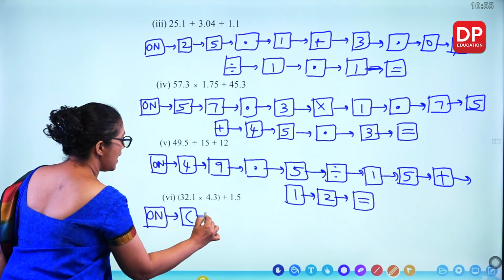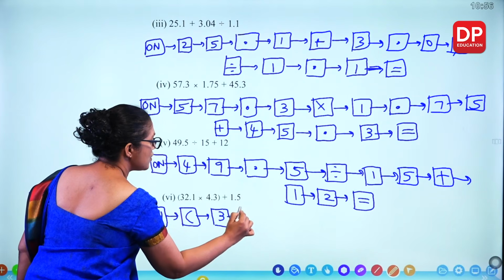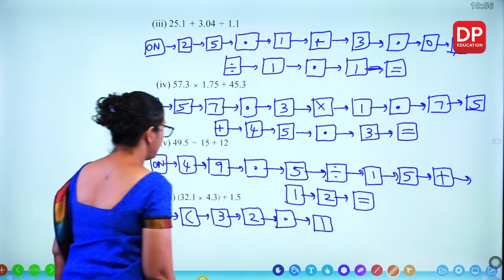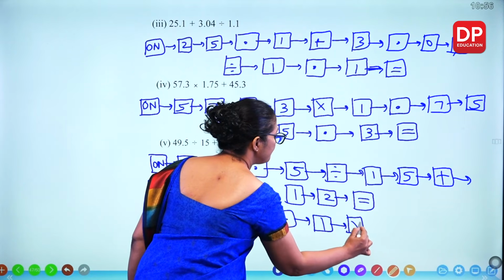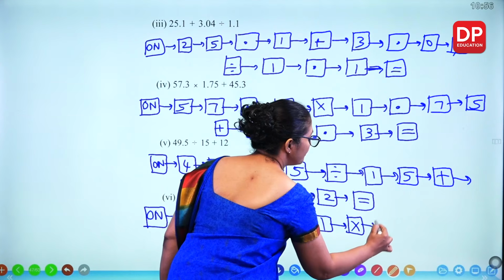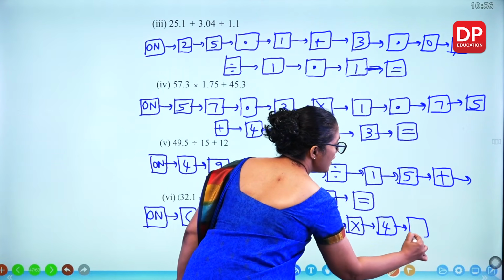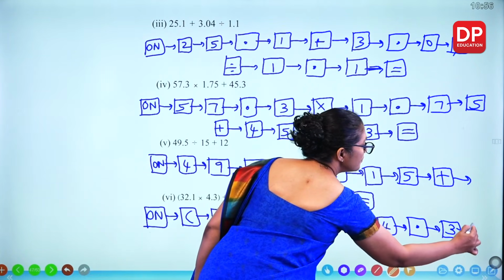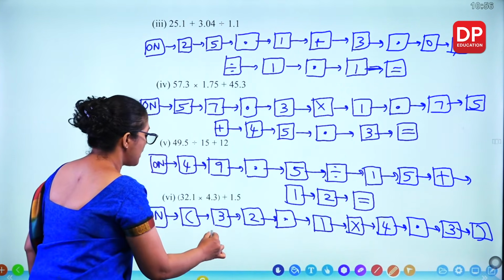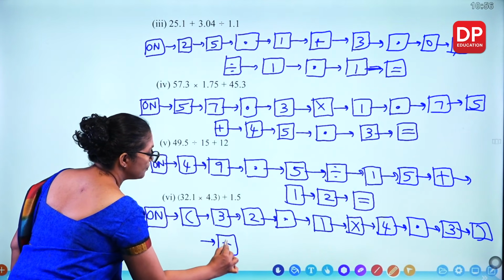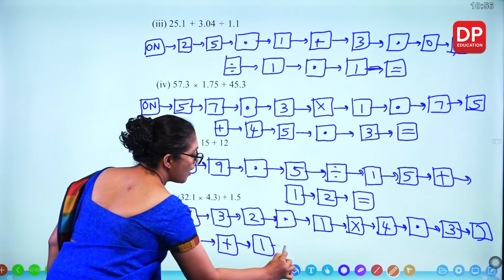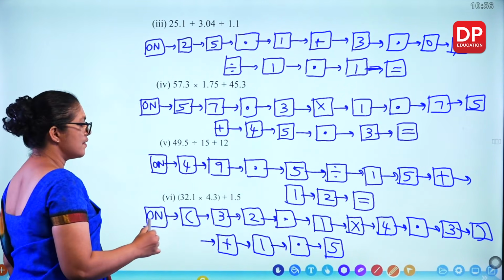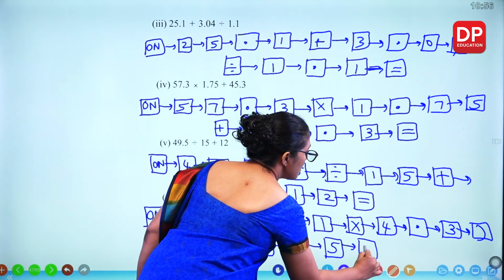Open a bracket, and then 32.1 multiplied by 4.3, and then close brackets, plus 1.5, and then equal.